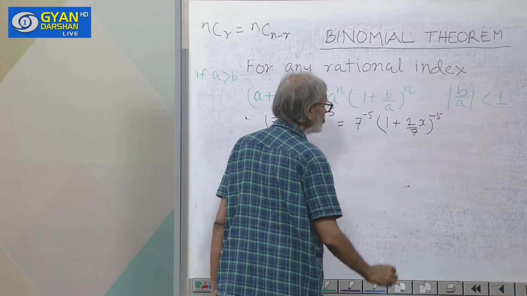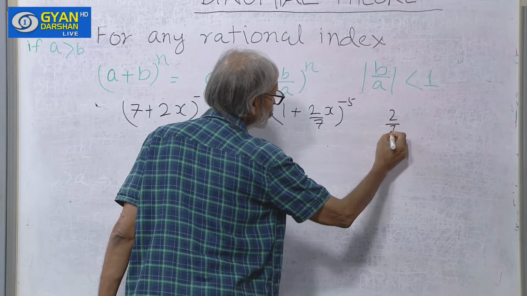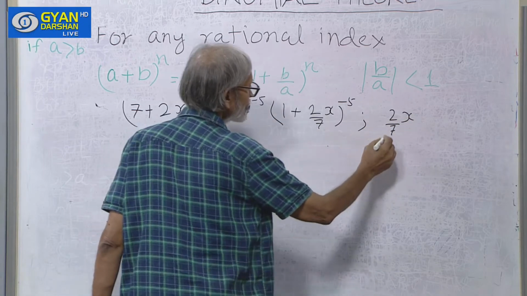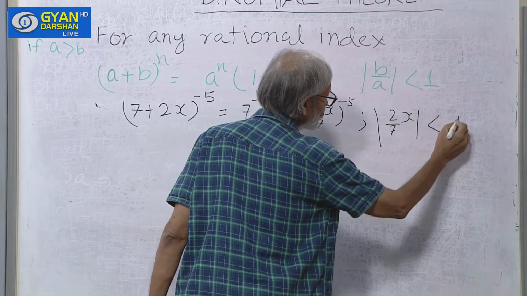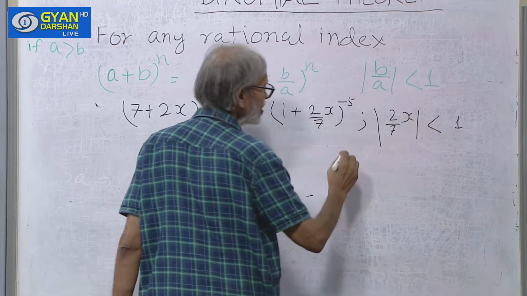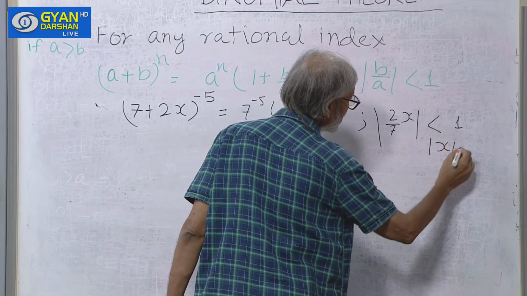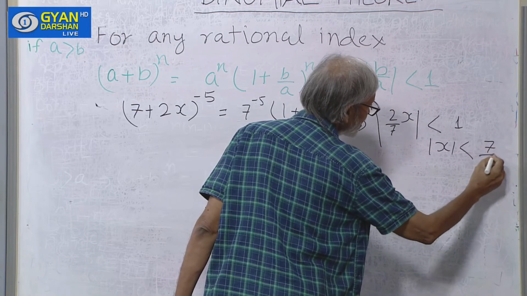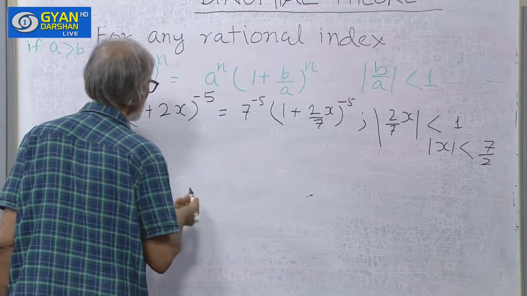This will be valid if |2x/7| is less than 1. It means that |x| should be less than 7/2. So, this is the condition.